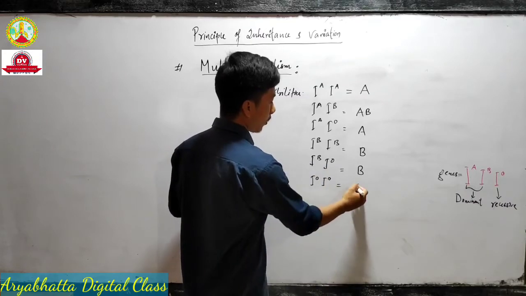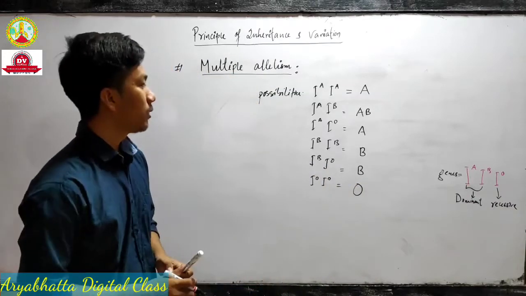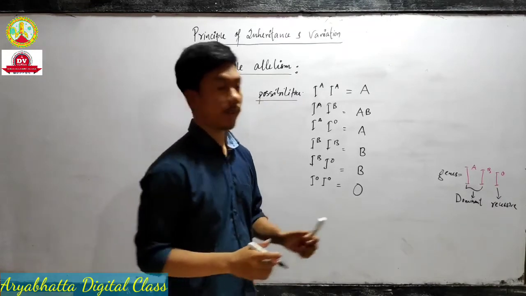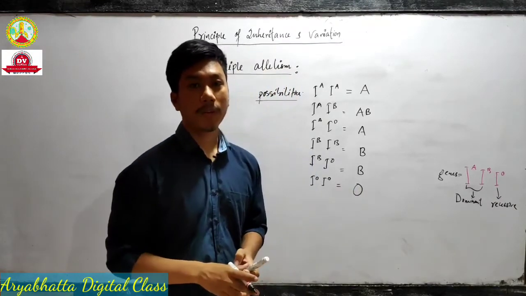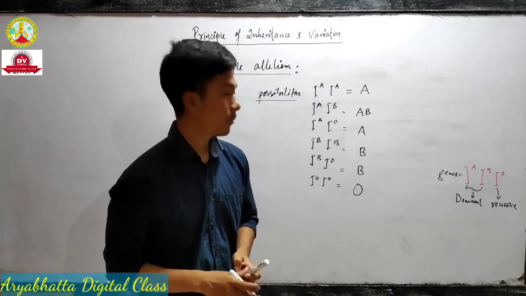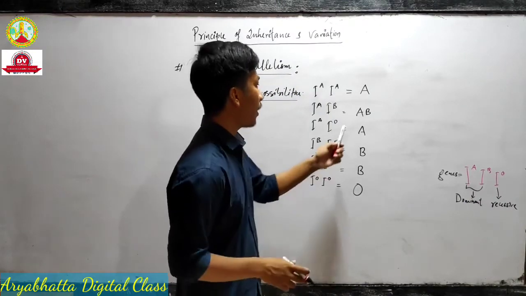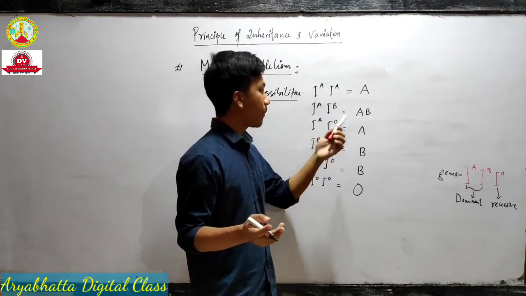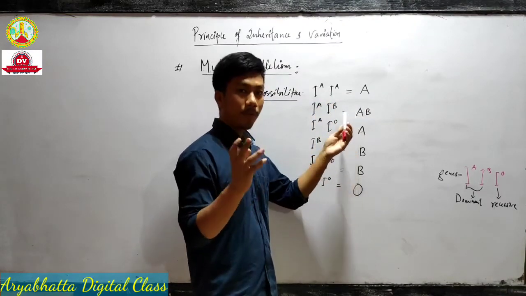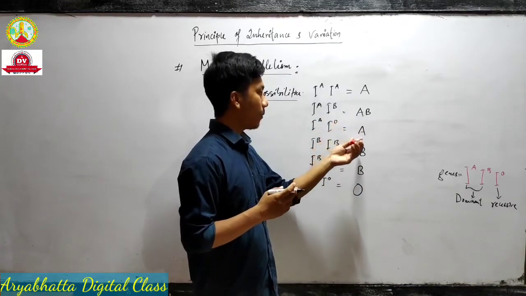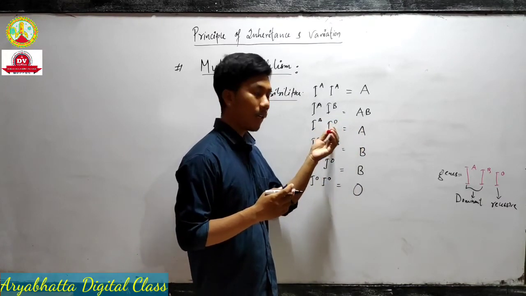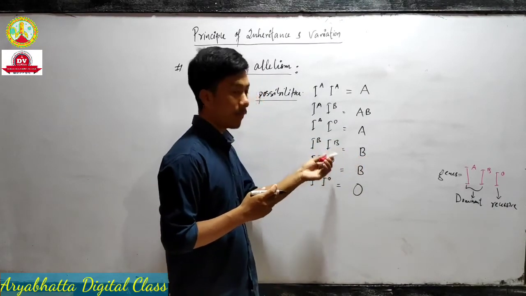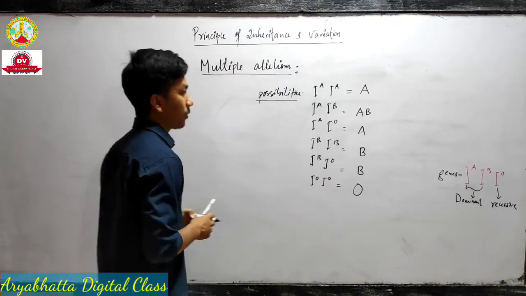When IO and IO, the blood group will be O. These are the possibilities that we can find in the ABO blood group, which is controlled by three genes. It can be A blood group when we have IA and IA, AB blood group when we have IA and IB, A blood group when we have IA and IO, and B blood group when we have IB, again the same.